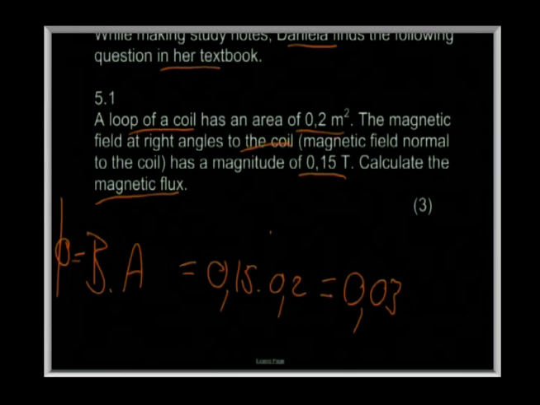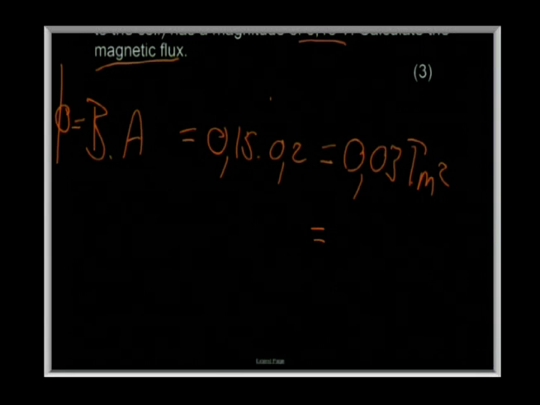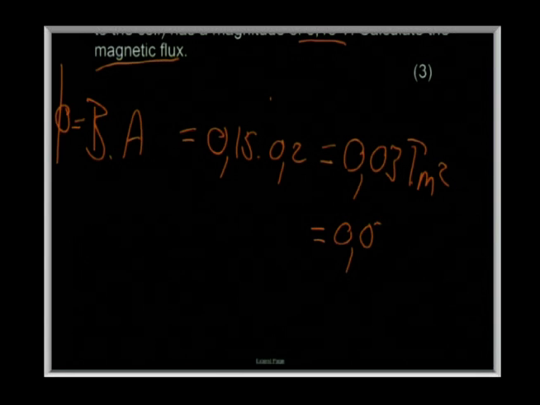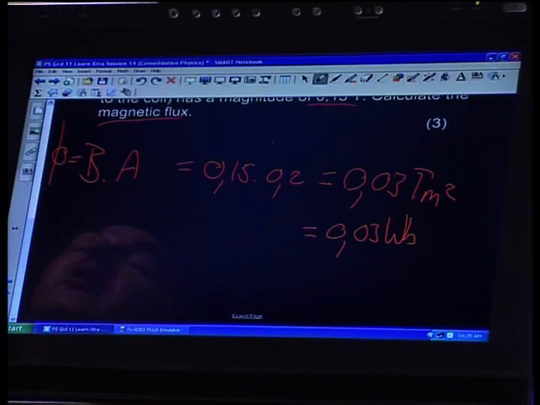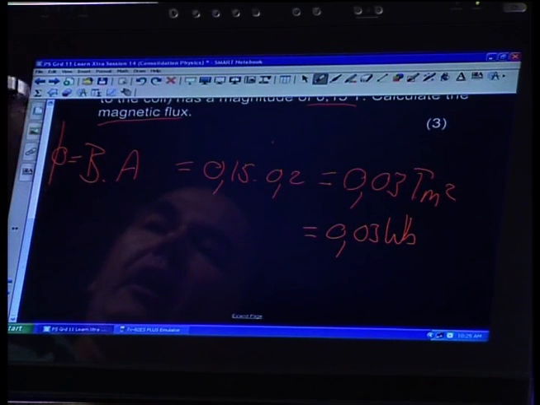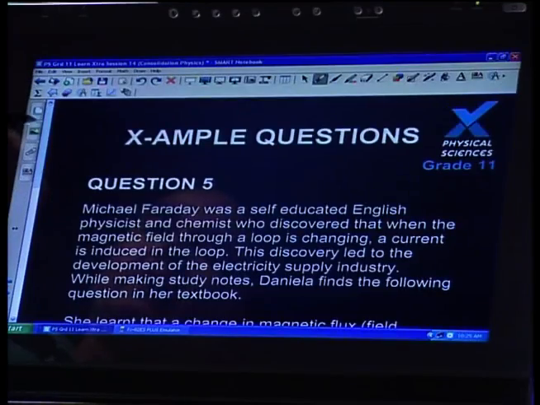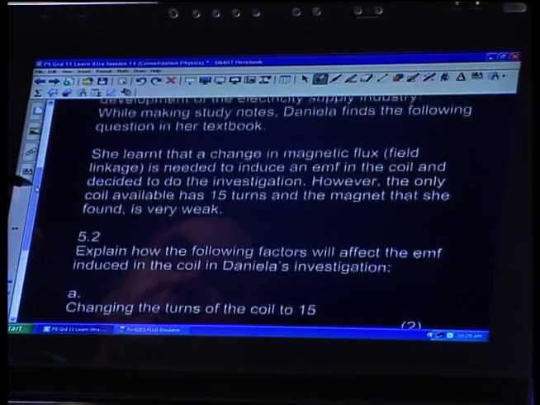Now we can put it as Tesla meters squared. That's one way of writing it, but the other way is to use the SI unit, which is a Weber. Not a Weber that you cook on, but a Weber. And so there are the units for magnetic flux. And we've calculated phi. Now, let's see what else she says.